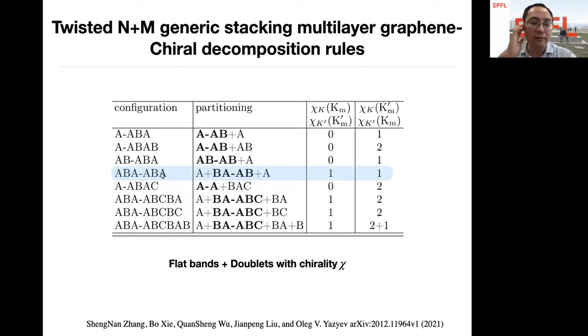However, if you put this multilayer graphene into a twist configuration, then we need to choose the longest one. So the band structure of this one can be read like this: monolayer plus a twisted double bilayer graphene plus another monolayer graphene. The chirality of these doublets can be obtained from reading this. But the exception is this one: if it's twisted bilayer graphene, then the chirality of this segment will be reduced. This is the main result.